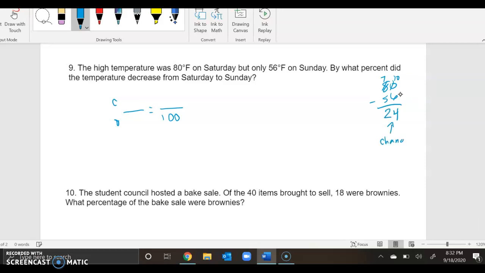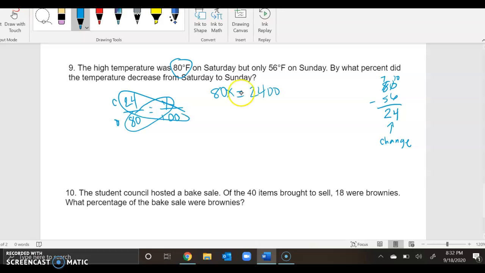So 24 is going to be our change. And then our original starting temperature for Saturday was 80 degrees. So that's going to go on bottom. X will go on top because we do not have a percent. Now we can solve, cross multiply 80 times X and 24 times 100.